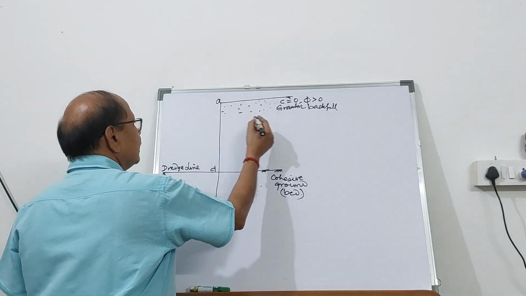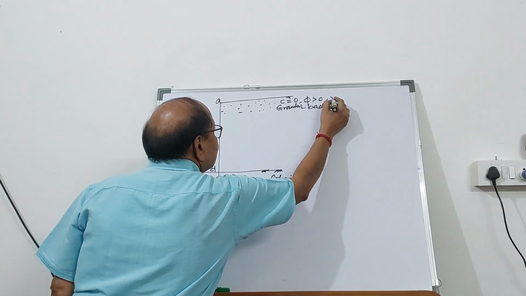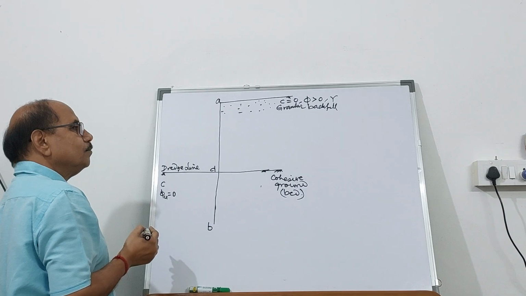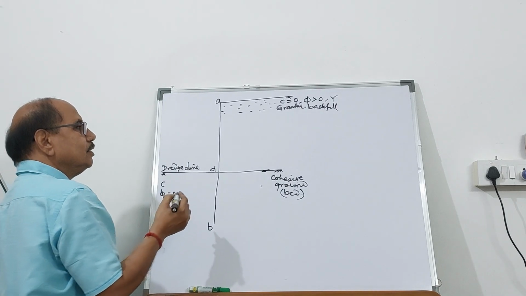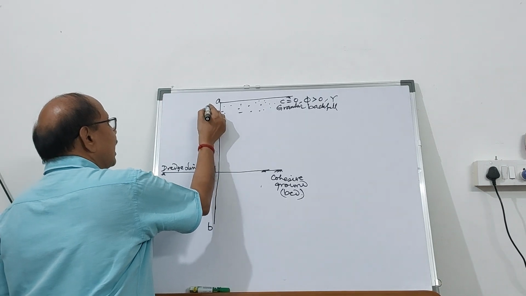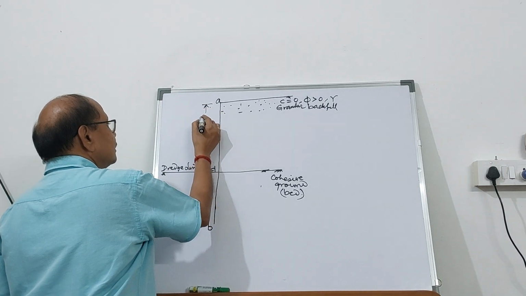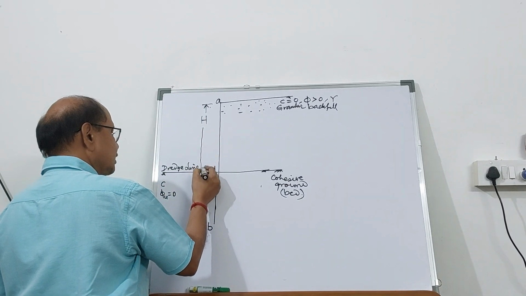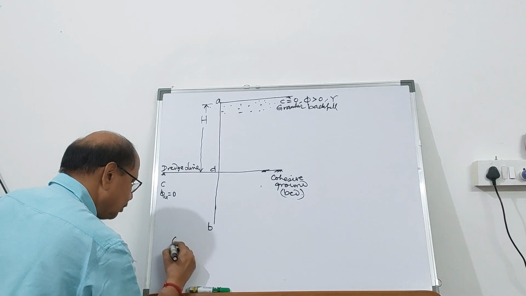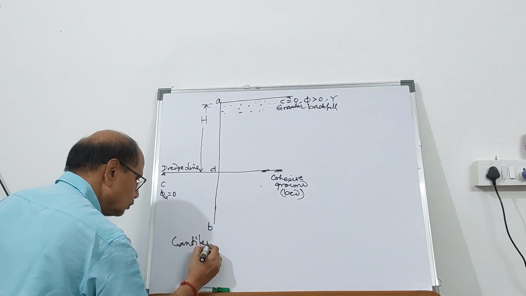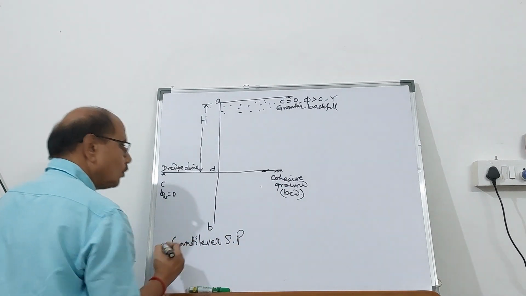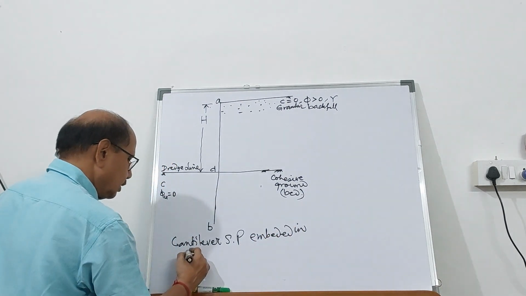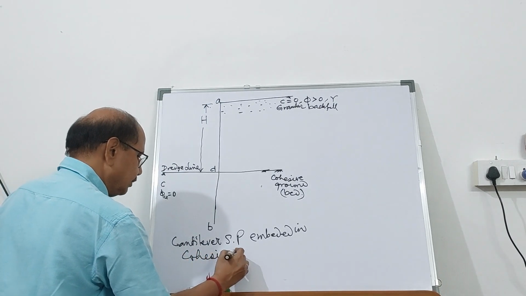Now here, if the total unit weight of the backfill material is gamma, and the height of the cantilever sheet pile is H. So cantilever sheet pile embedded in cohesive bed.